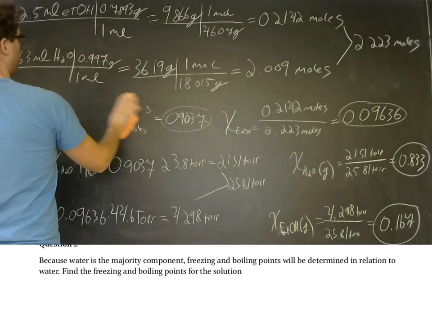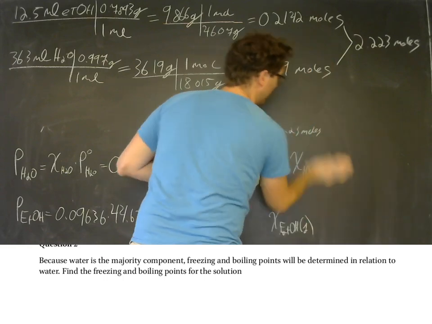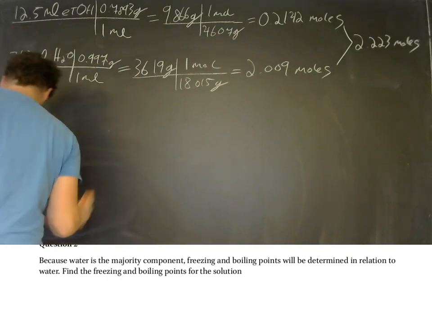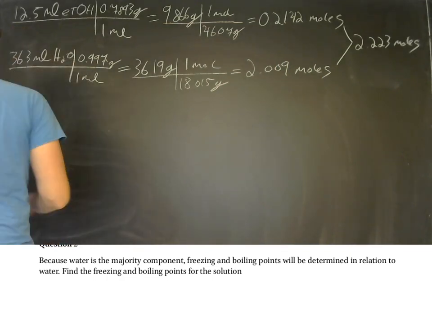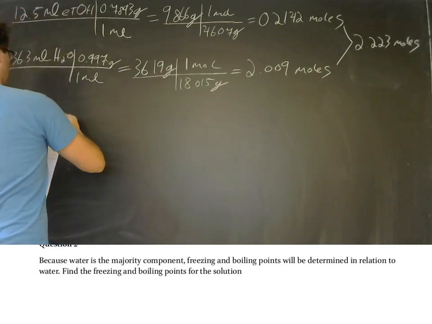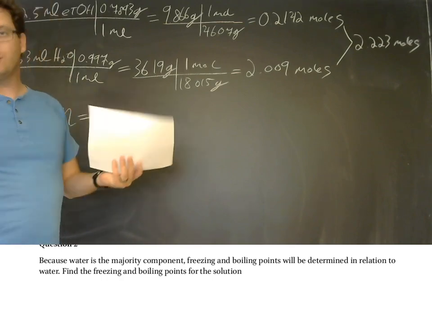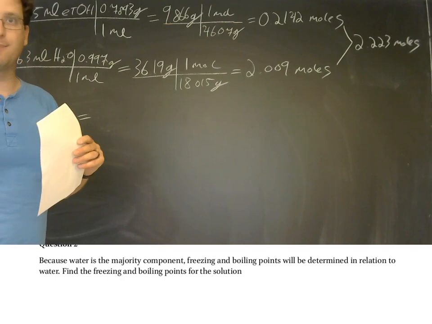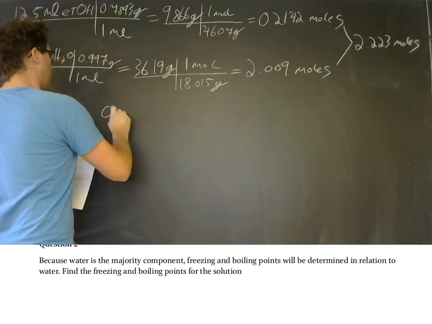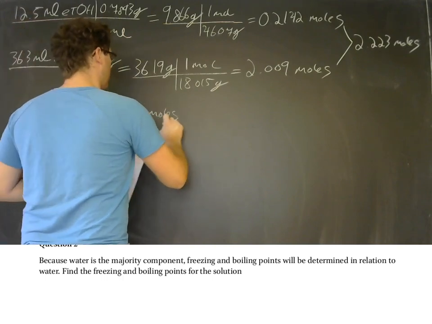So I'm actually going to leave these numbers up here. I'll just erase the bottom half. Okay. So I'm going to want to calculate, first of all, the molality of this solution. So the molality is going to be the moles of solute over the kilograms of solvent. Well, if ethanol is our solute, then that is 0.2142 moles.